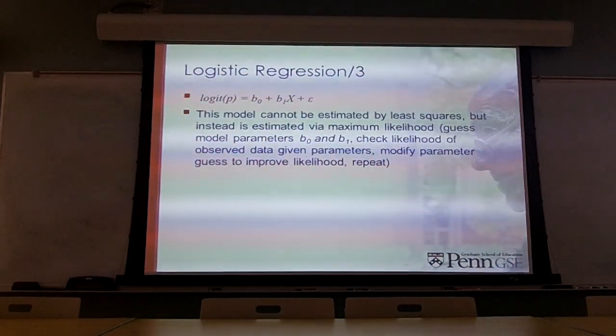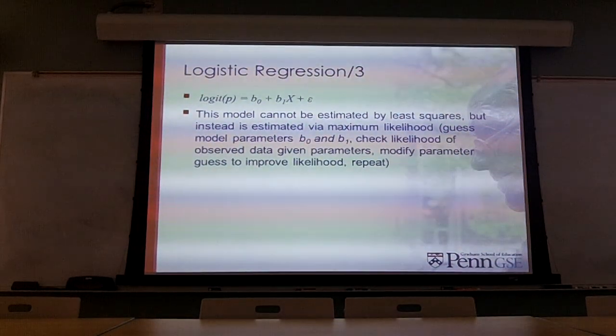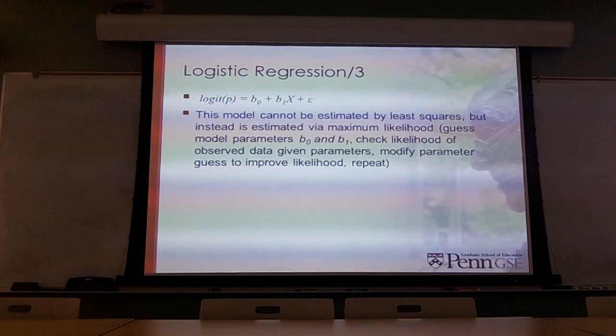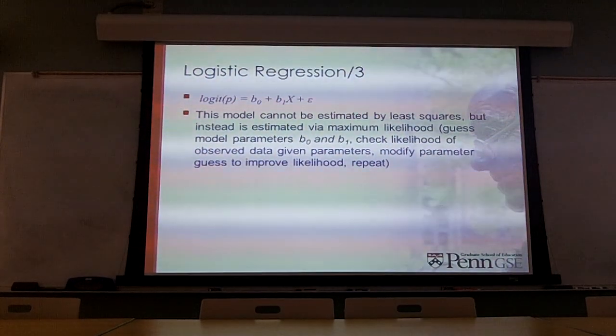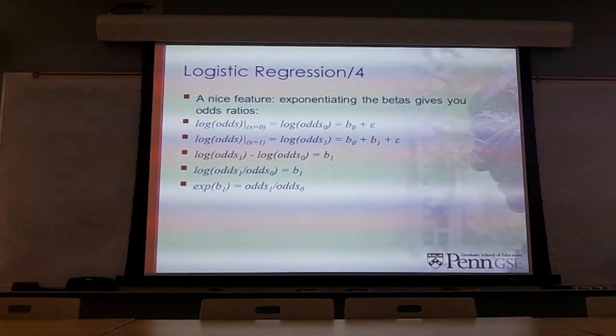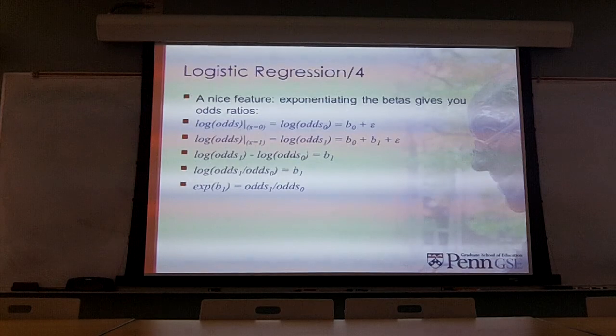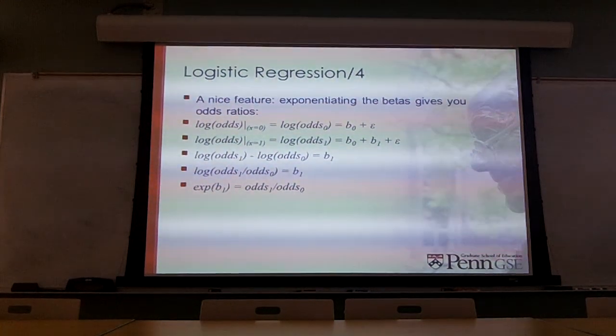All right, and this becomes our familiar model. We talk about maximum likelihood being this idea of a bunch of gauges being turned one at a time. We talk about how to interpret our betas as odds ratios.